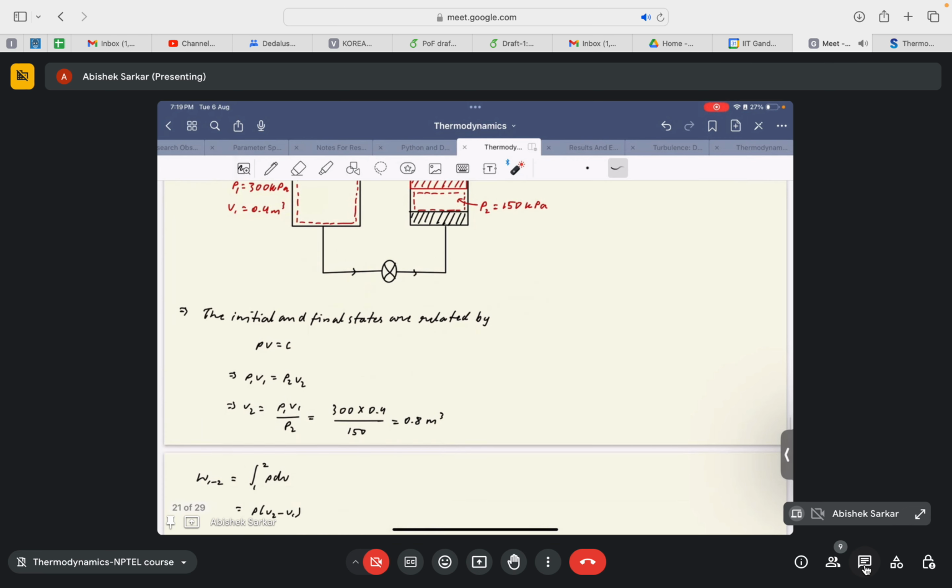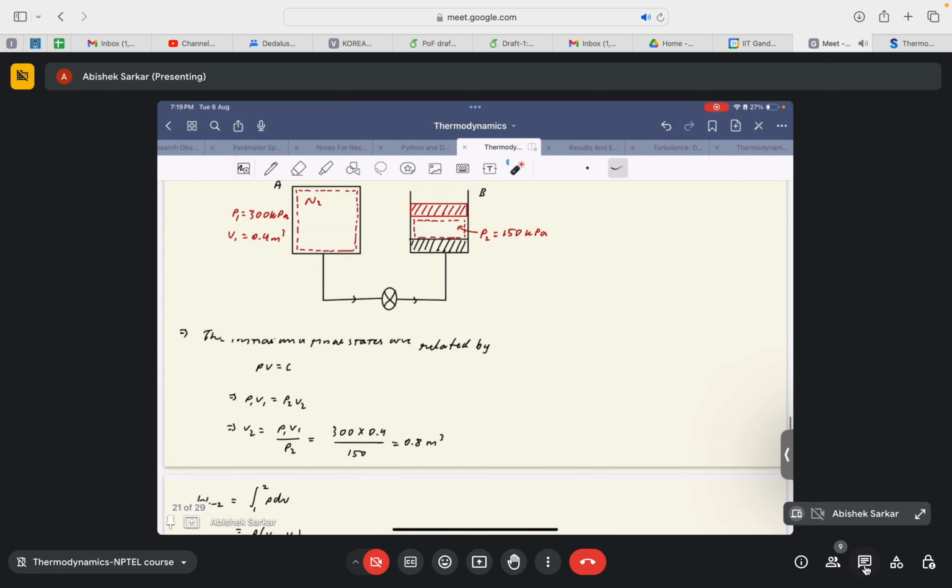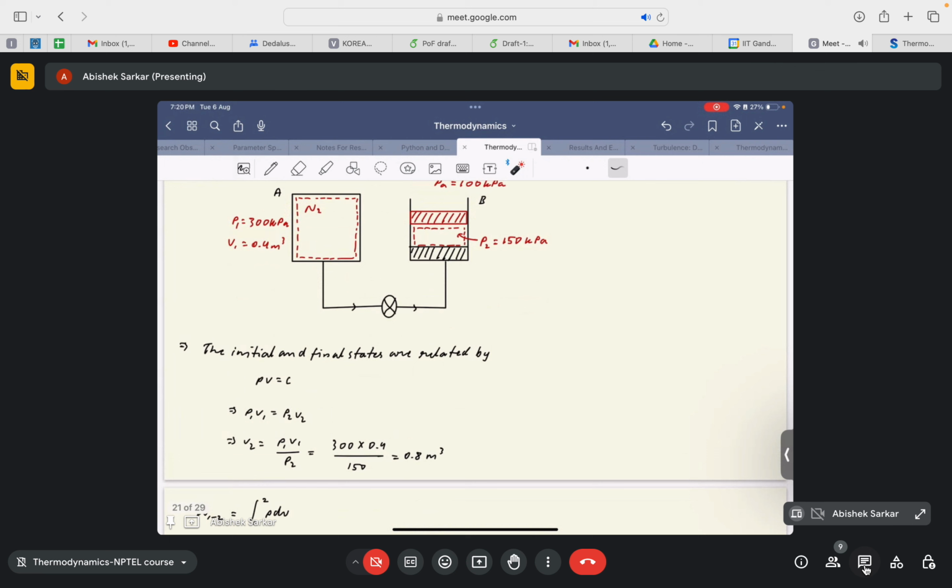So once we apply the PV equal to constant relation, we find that V2 is equal to 300 into 0.4 divided by 150, so V2 is equal to 0.8 meter cube, okay, where 0.8 meter cube is the volume of the entire system, the volume of this plus this, okay.